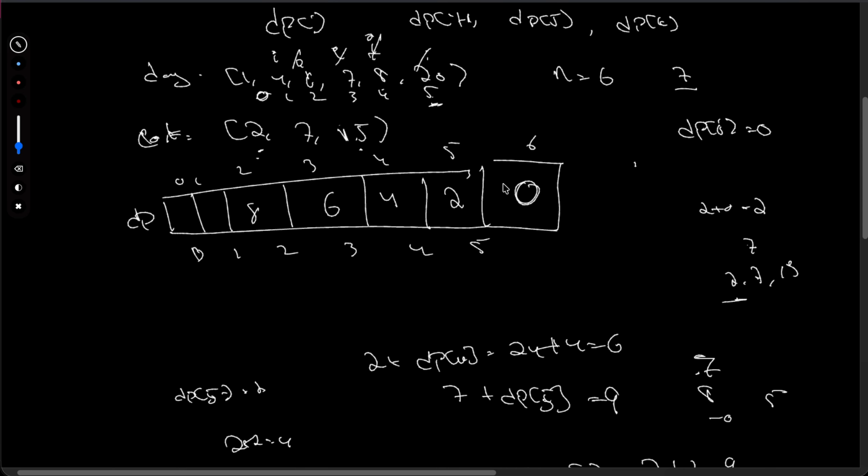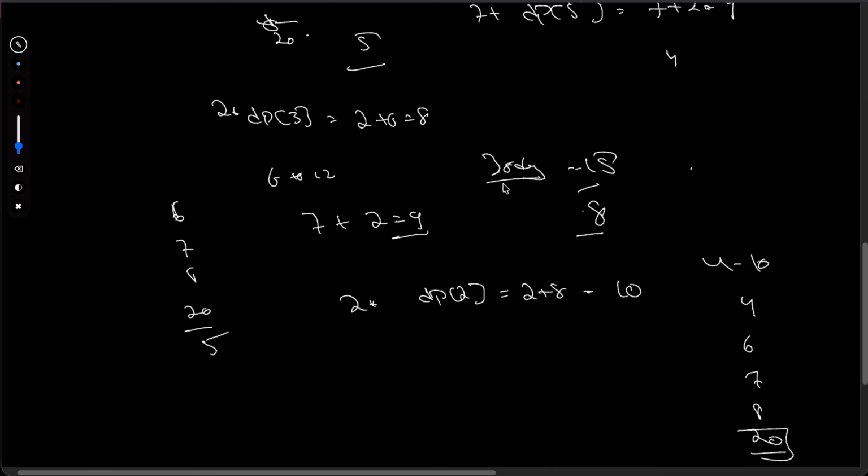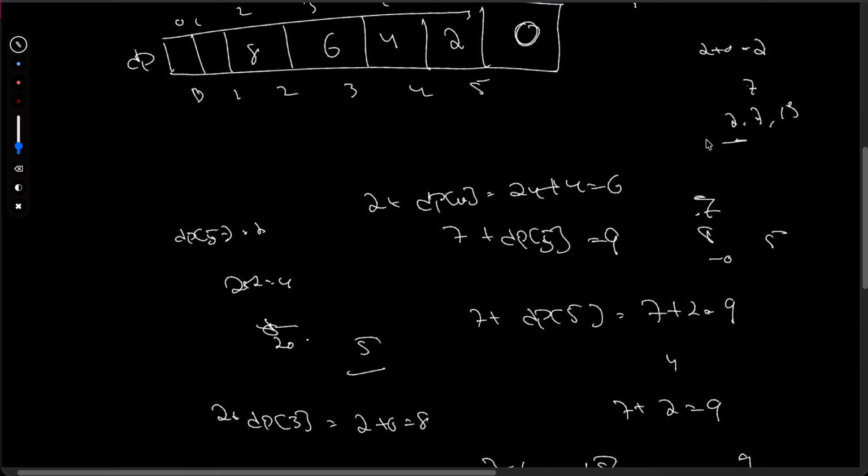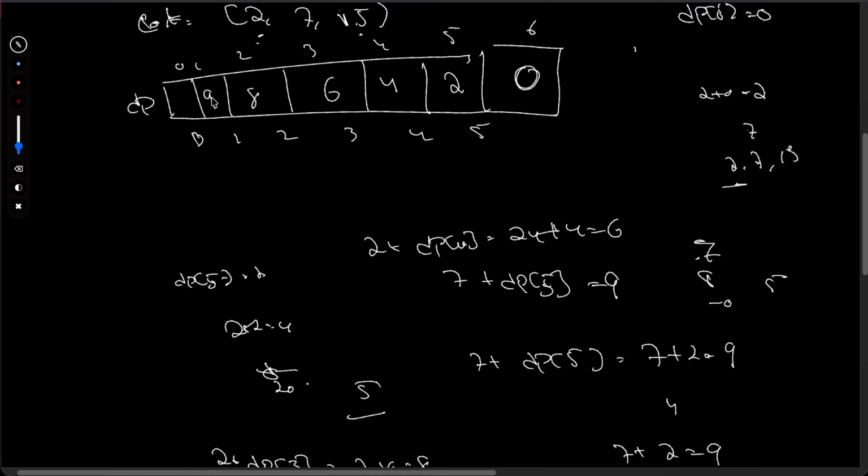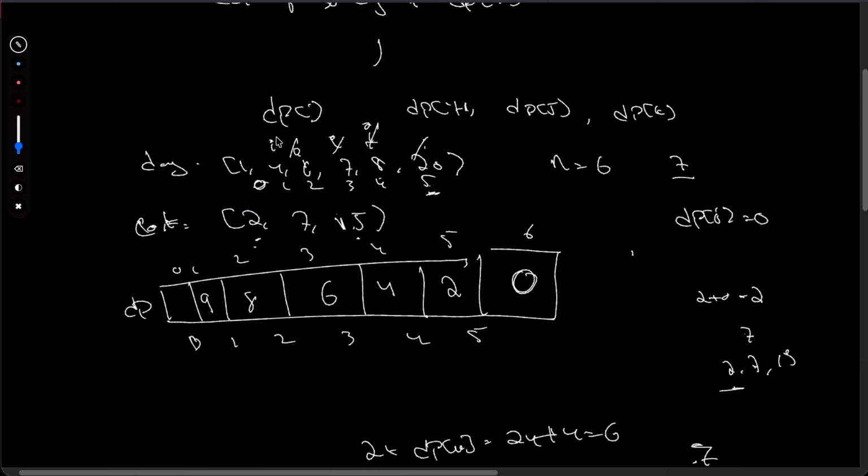The total is 7 plus 2, that is 9. The 30-day pass cost is 15. So the minimum is 9, and dp of 1 is 9. Next, I come here at index 0, value is 1.